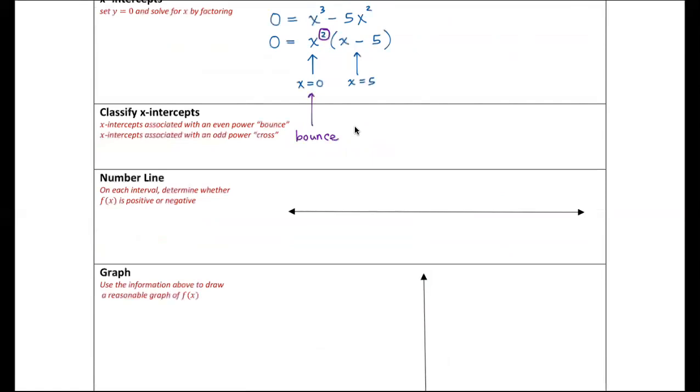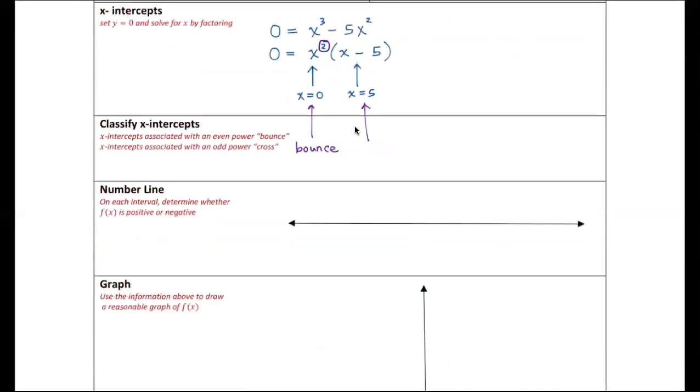Anytime it's associated with an even power, it's going to bounce. Whereas x is equal to 5, we didn't really write it in there, but there's a missing 1 there. So that's an odd power, so it's going to cross through at x is equal to 5, and we can use that to help us.